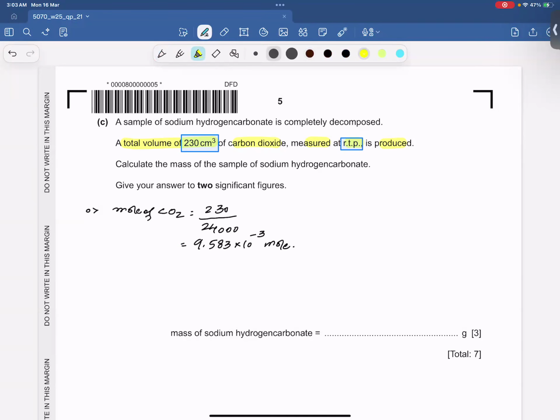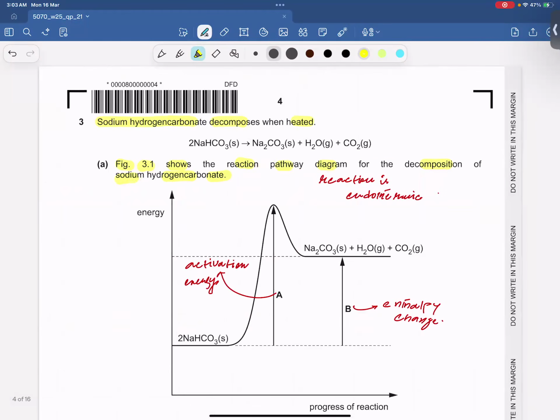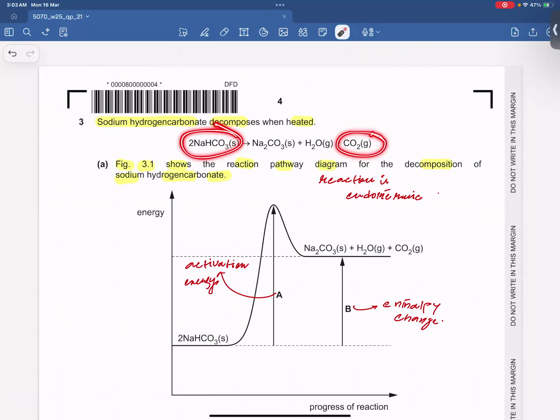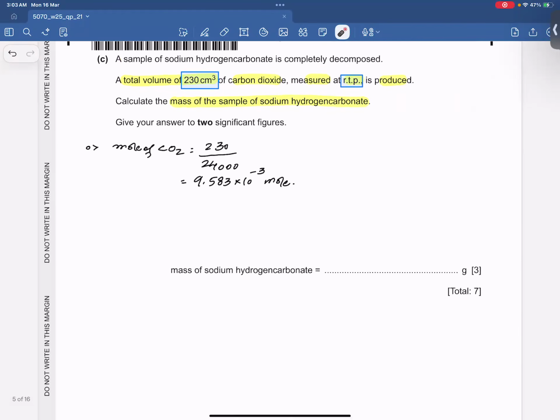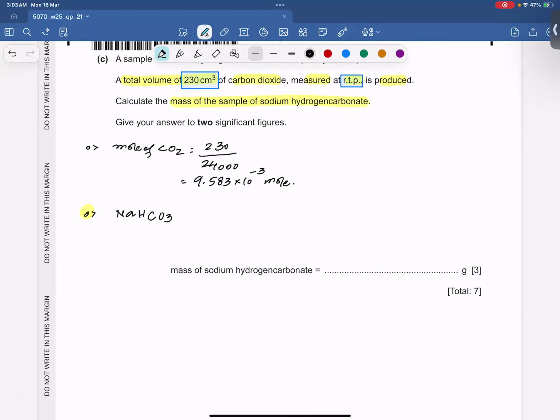By the way, let's read the question again. Calculate the mass of the sample of sodium hydrogen carbonate. So to get the mass, first of all, we need to find the moles of sodium hydrogen carbonate. And for that, let's take the molar ratio from the equation. From the equation, we know carbon dioxide has 1 mole and sodium hydrogen carbonate has 2 moles, right? So the molar ratio between sodium hydrogen carbonate and carbon dioxide is 2:1.